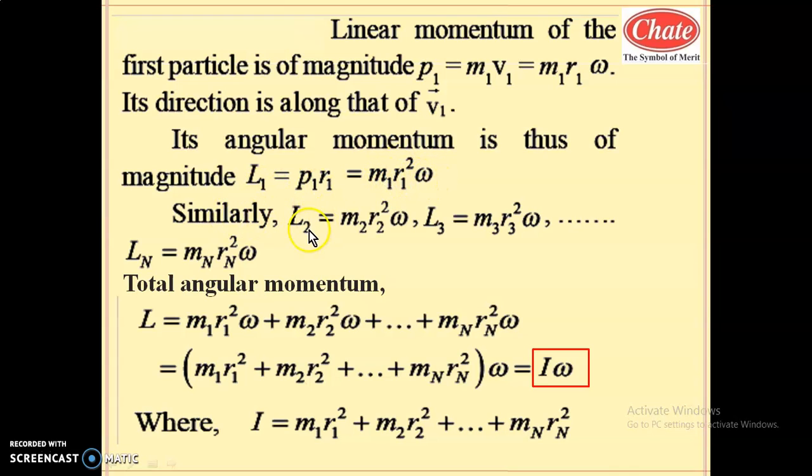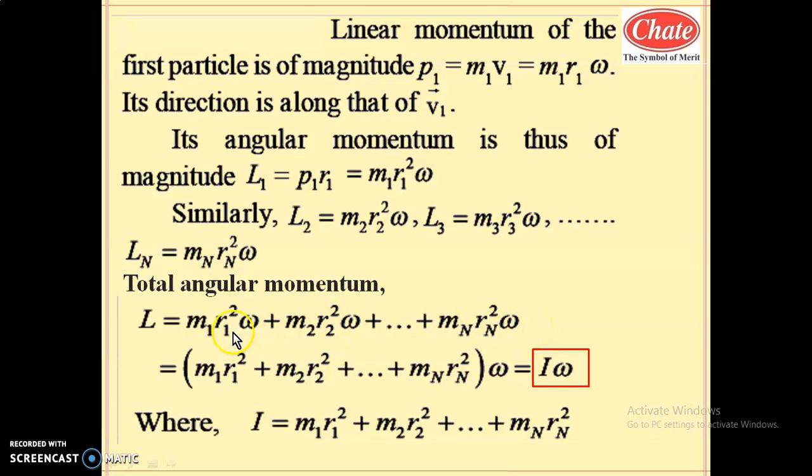Similarly for the second particle it is m2 r2 square omega. For the third particle it is m3 r3 square omega, and so on. For the nth particle it is mn rn square omega. Hence total angular momentum L will be the sum of angular momentum of the n particles. So it is equal to m1 r1 square omega plus m2 r2 square omega plus so on plus mn rn square omega.